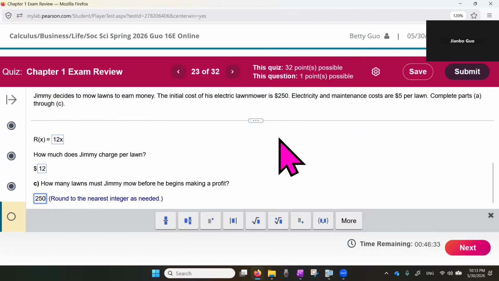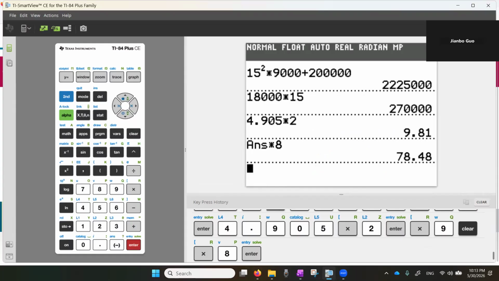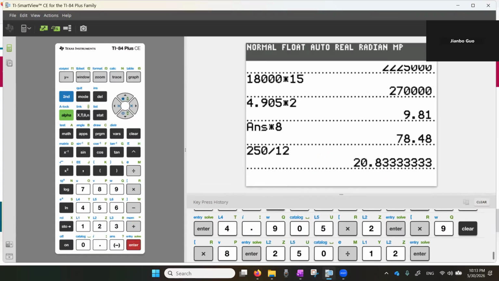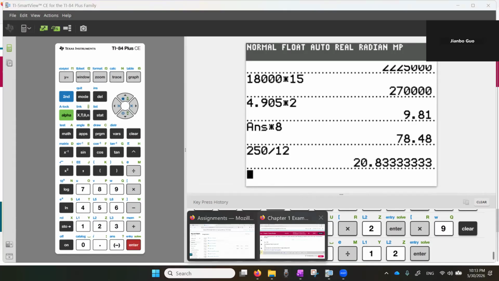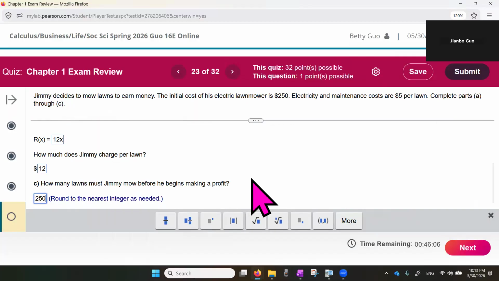Let's see. Yes, because the mower costs $250. 250 divided by 12. Jimmy mowed before he begins to make a profit. So he charged $12.